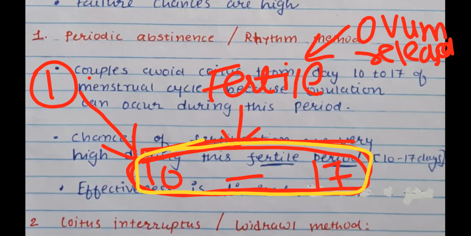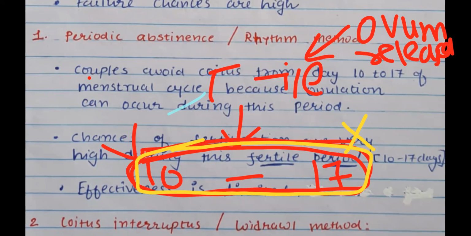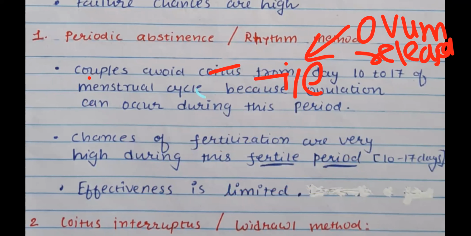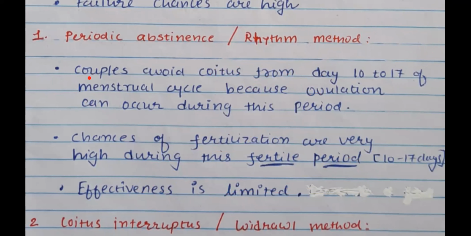The couple should not mate with each other, so fertilization chances decrease, because this is the fertile period. Once the fertile period is over, there are no chances of fertilization.